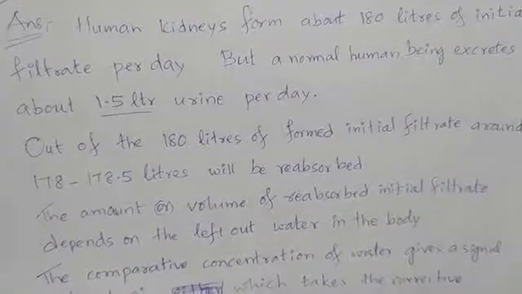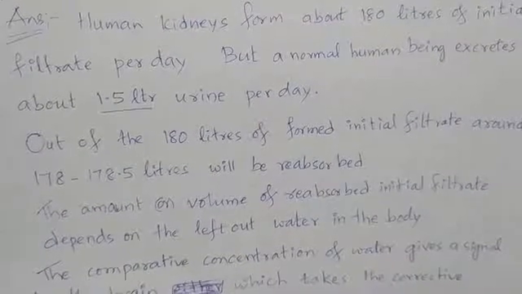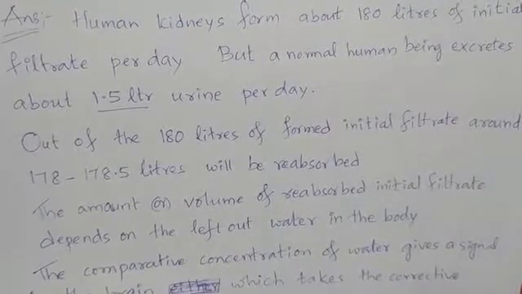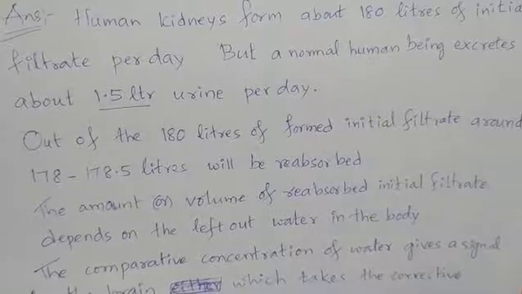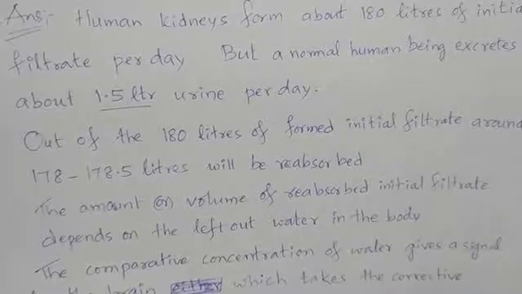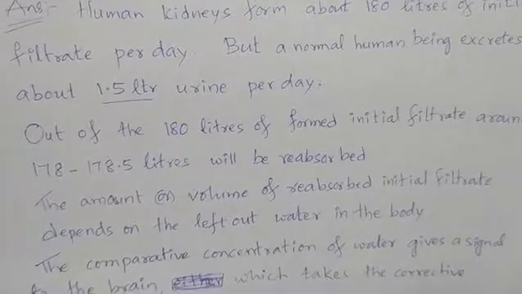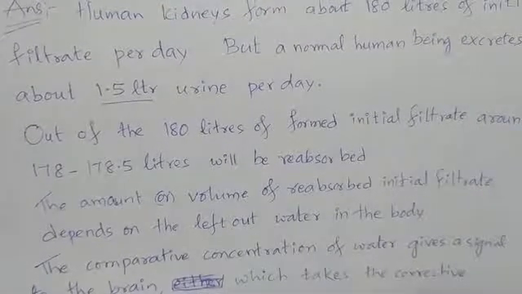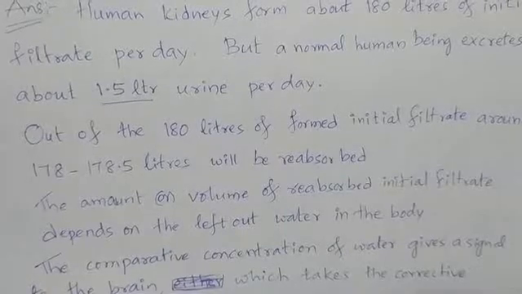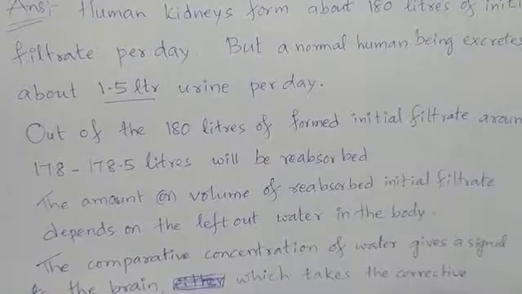Whatever the amount of water that is left in the body, based on that only the amount of urine released depends. So the comparative concentration of water gives a signal to the brain. If less water is there in the body, that will give one type of signal to the brain.